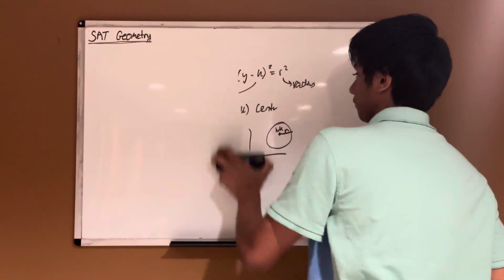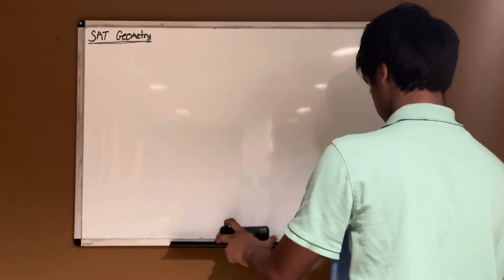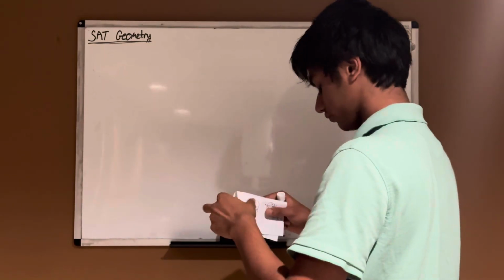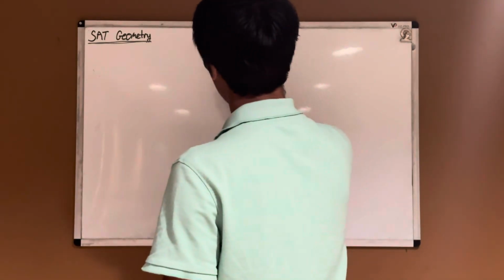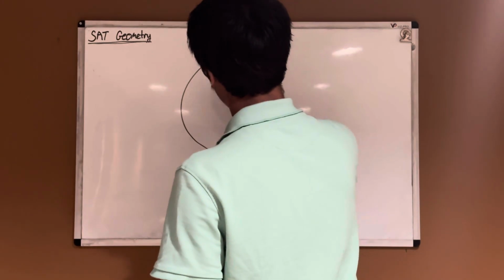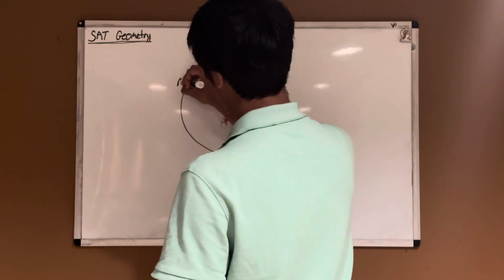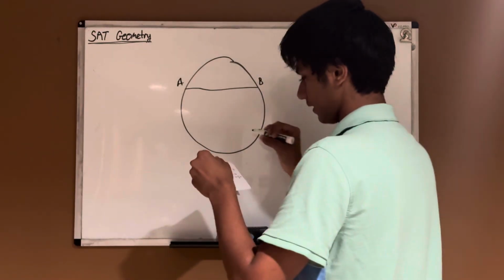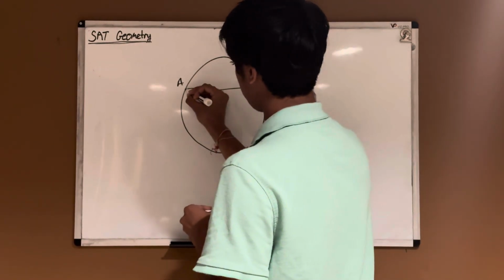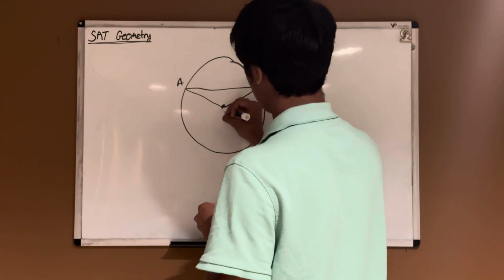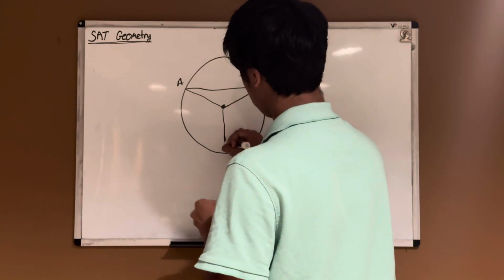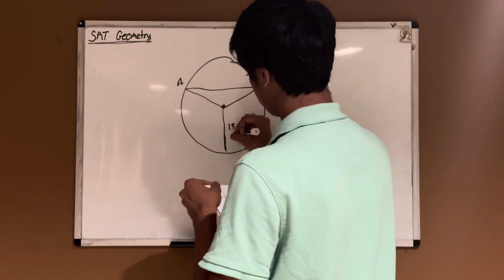Okay, so let's now try out some problems. So let's start off with a circle problem. So let's say we have a circle here, and we have a chord AB, like so, and we have a center of the circle O here, and the radius of the circle is 18.